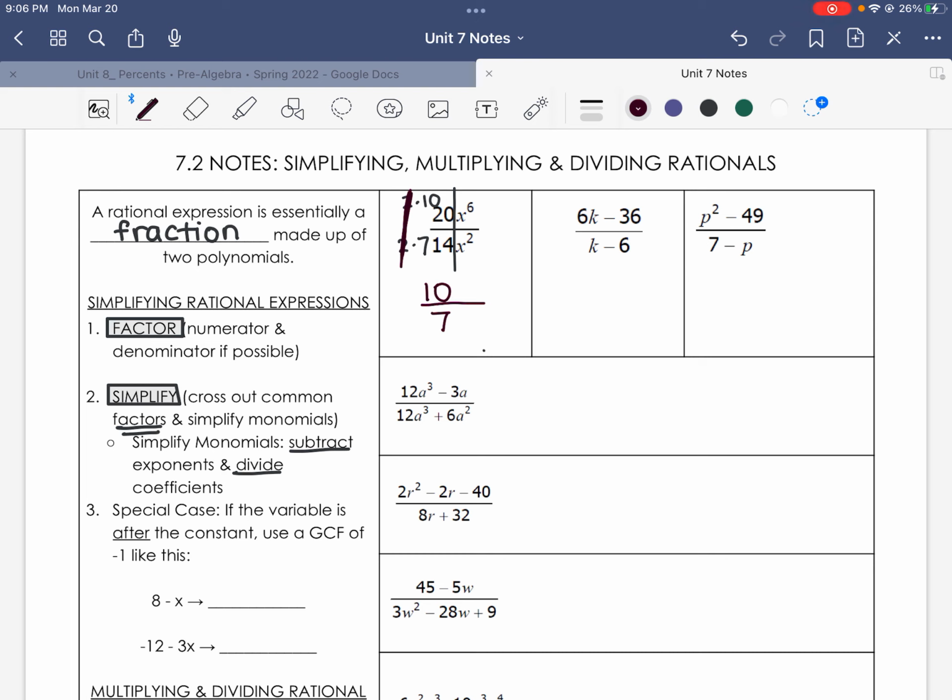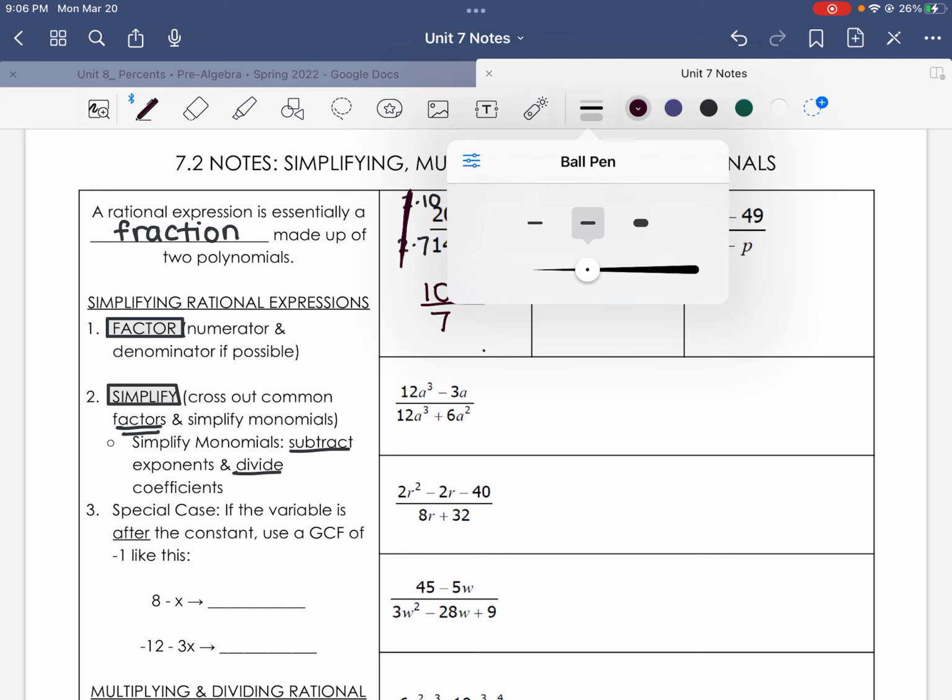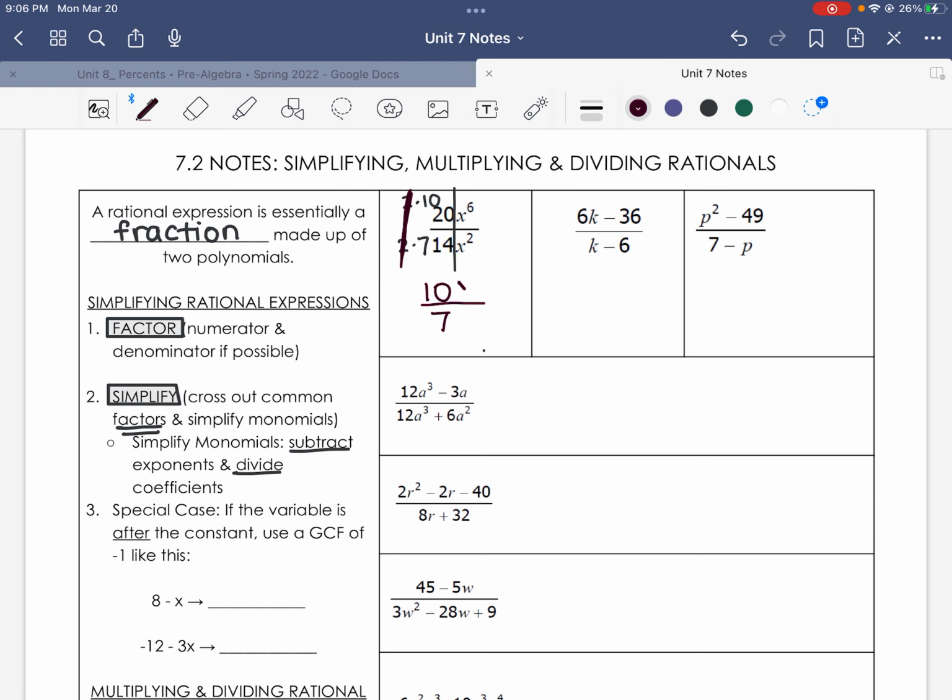Then I subtract my exponents. X to the 6th over x squared. 6 minus 2 is 4. And that's the answer to that one.